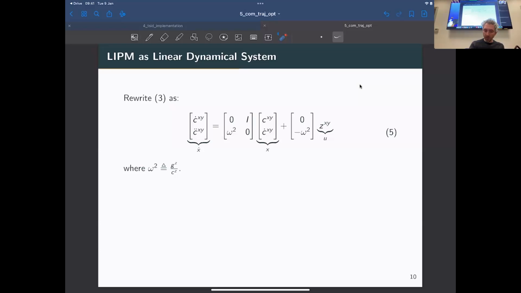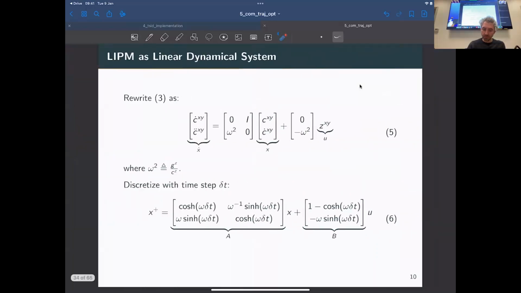Typically people represent G over CZ, so the gravity over the height of the center of mass, as W squared, because W would be the frequency of the corresponding pendulum. So there is a connection between the frequency of the pendulum and this constant.